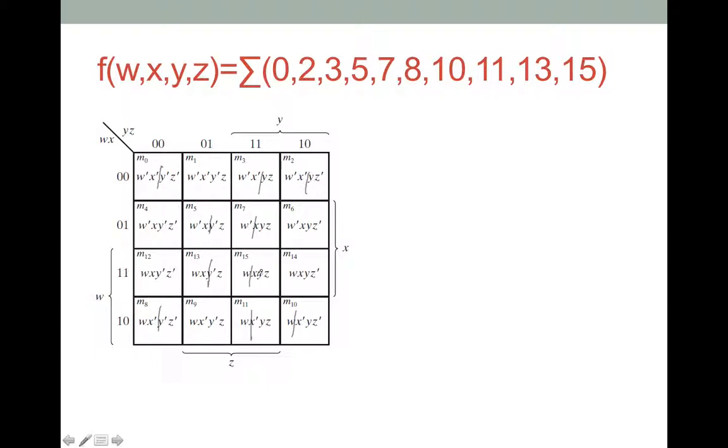So once we construct the K-map, next step is to find all prime implicants. So let's mark prime implicants. So four corners is a prime implicant.